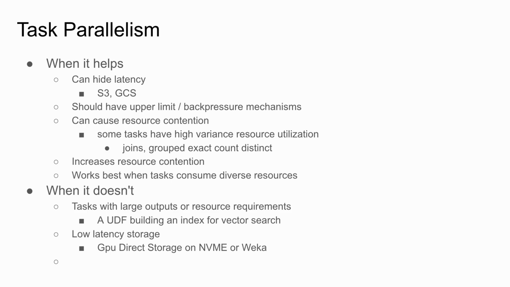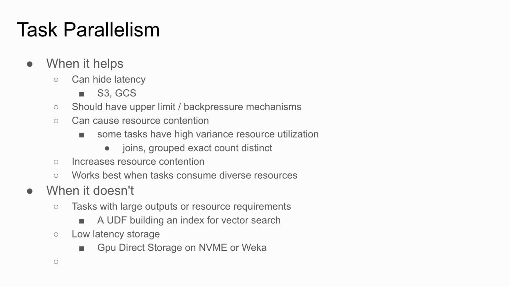So you need ways of managing that resource contention and being aware of how your tasks are going to be impacted by this parallelism. Joins and grouped exact count distincts are other examples. And this works best when your tasks are consuming diverse resources if possible. If they're all hammering on exactly the same thing, then it's not going to yield as many benefits.